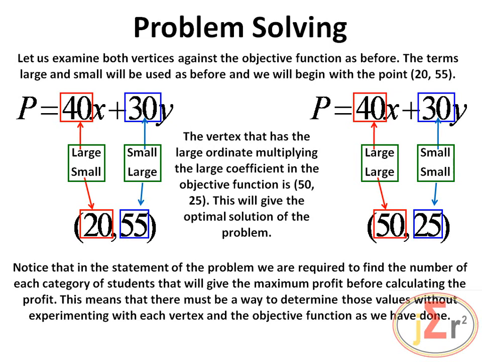So instead of substituting the x and y ordinates of each vertex into the objective function, there's a way that we can tell which vertex will give the optimal solution, and it is usually the vertex that takes the largest value of the ordinate to multiply the large value in the objective function.